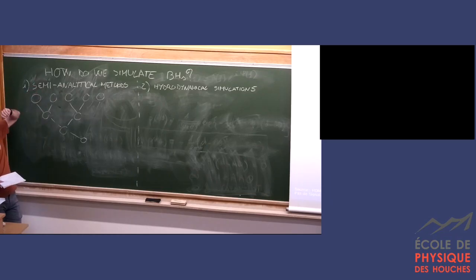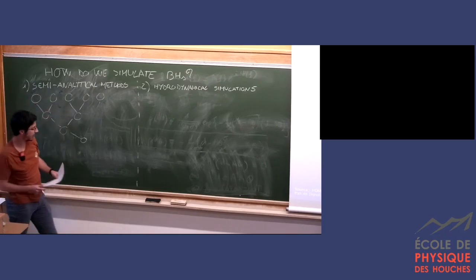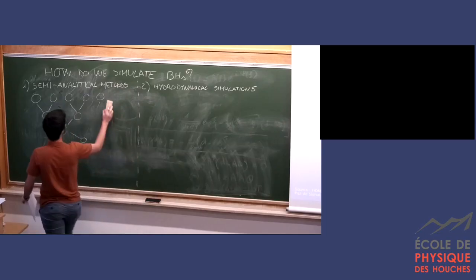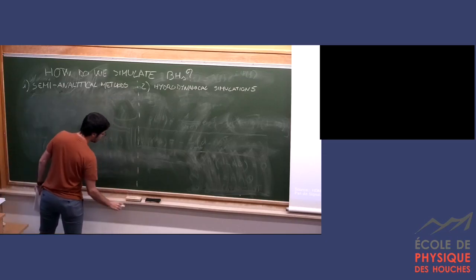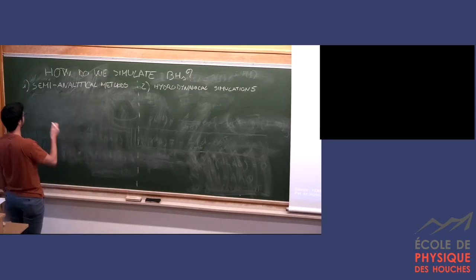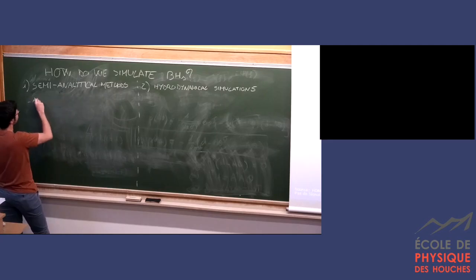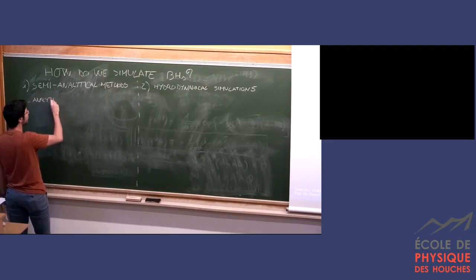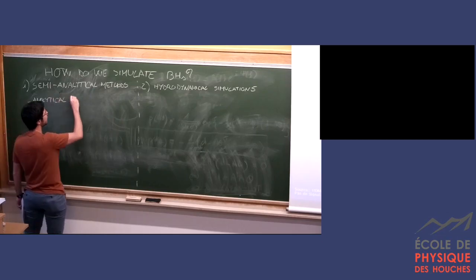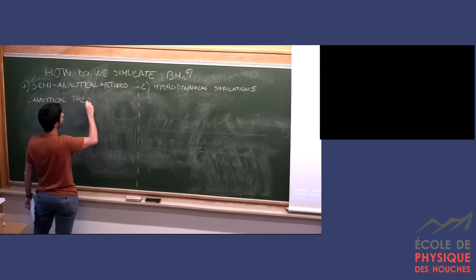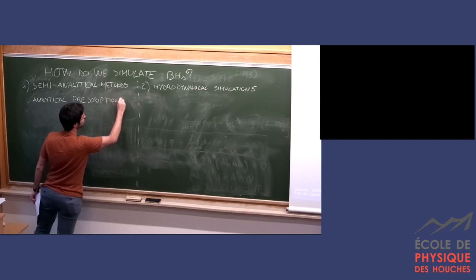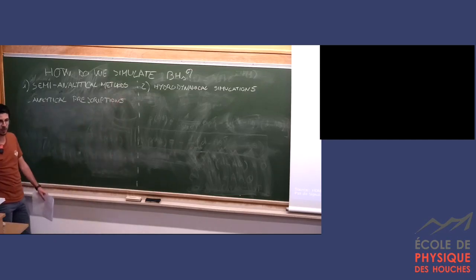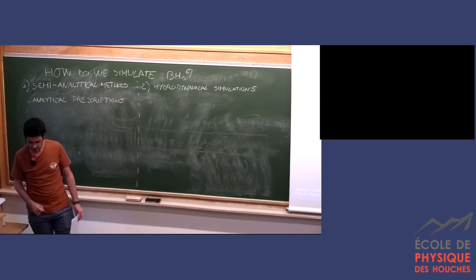But here the key feature is how they implement all the baryonic physics. The key point is that in semi-analytical models, what they implement are indeed analytical prescriptions. In a sense, you can view this approach as something more statistical. For example, they say, let's suppose that we have a dark matter halo of a given mass.